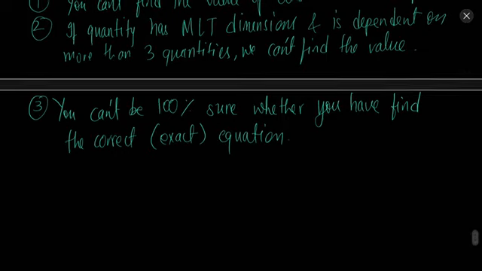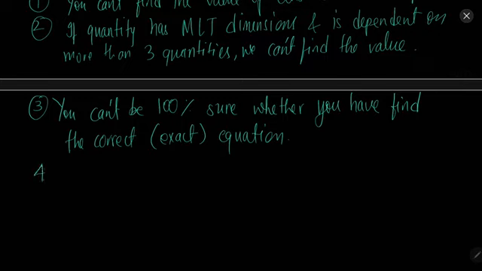For example, you will find in the upcoming chapters that the dimensions of torque, work, and so many such quantities are quite similar. So you cannot be sure every time that if the dimensions are equal on both sides, then that equation is completely correct. So this is one limitation of dimensional analysis.